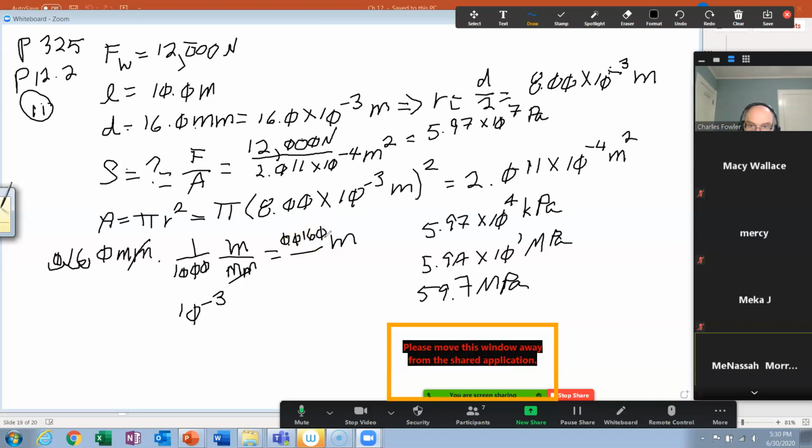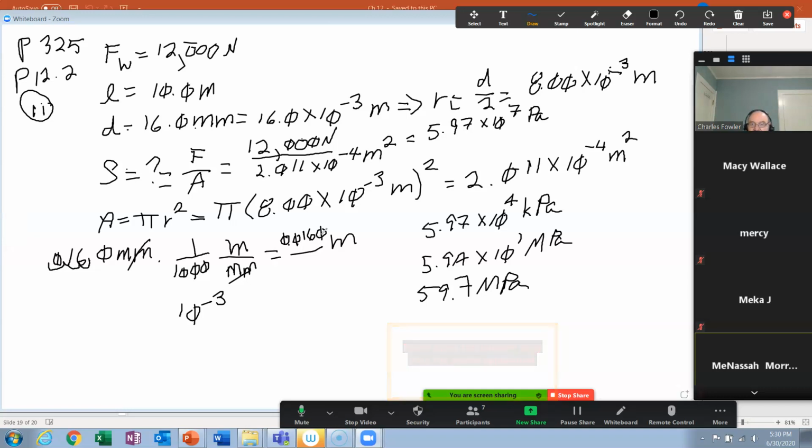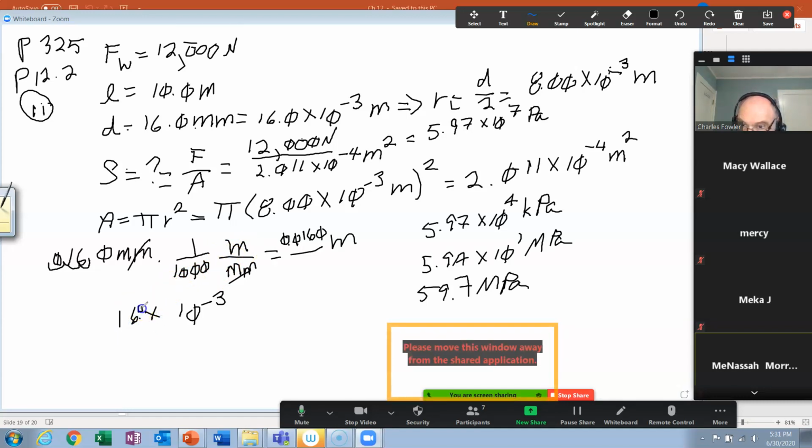Now I have to put that last 0 because these 2 are not significant. That one is, and that was a significant digit. So that's several ways to write it. Either 16 times, or 16.0 times 10 to the minus 3. That's what we did up here. That would be one expression of it.